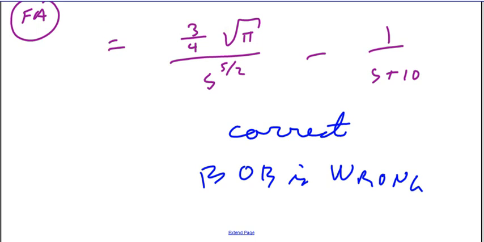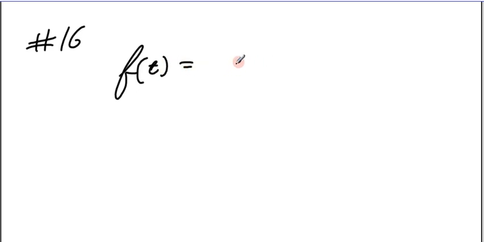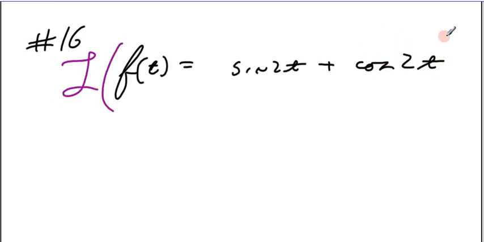Okay, I'm going to do number 16. Now, why am I doing so many of these anyway? Well, because we need practice. f of t is sine 2t cosine t, and these are just so pathetically easy. That's probably why I'm doing Laplace transform.